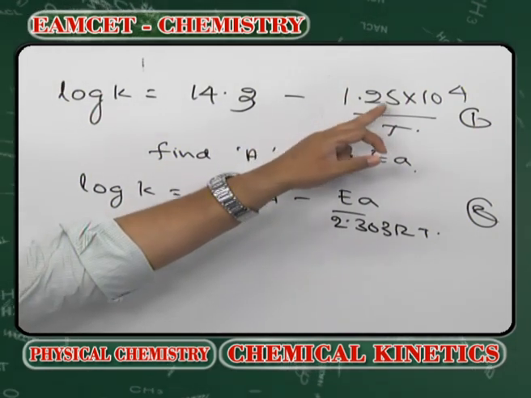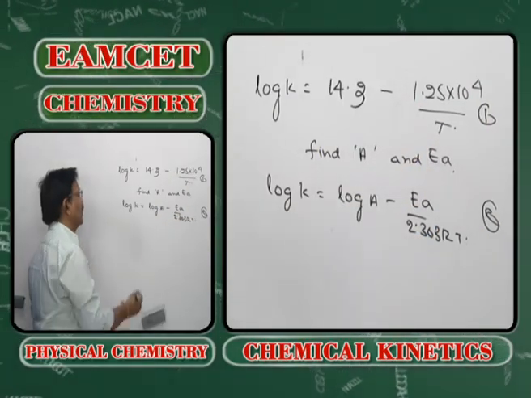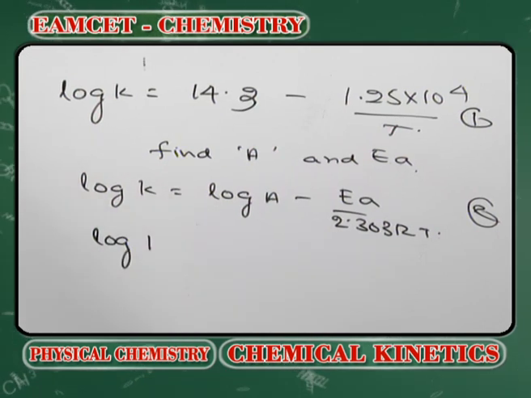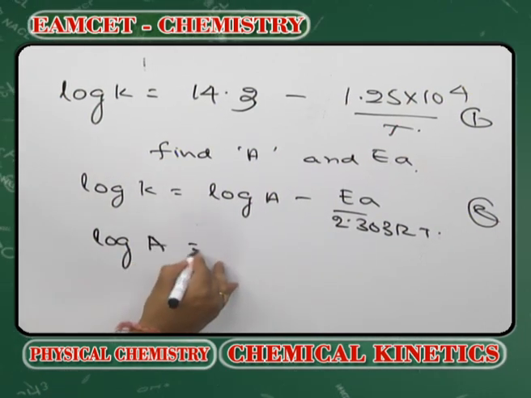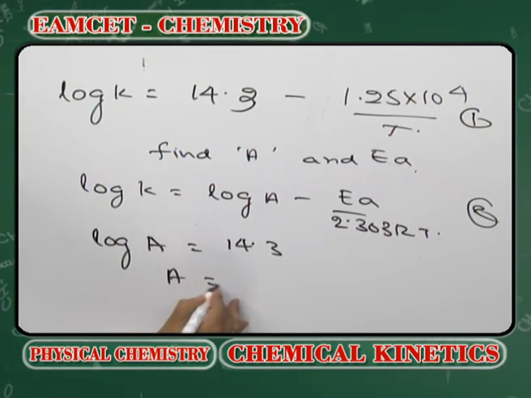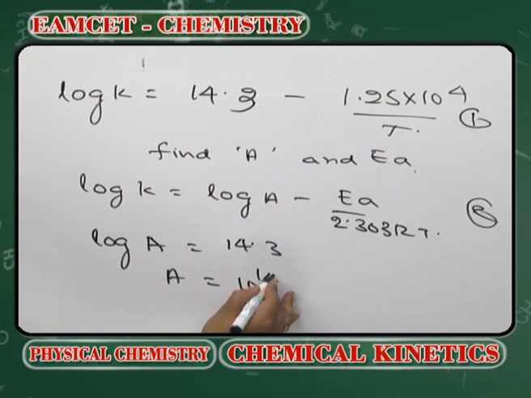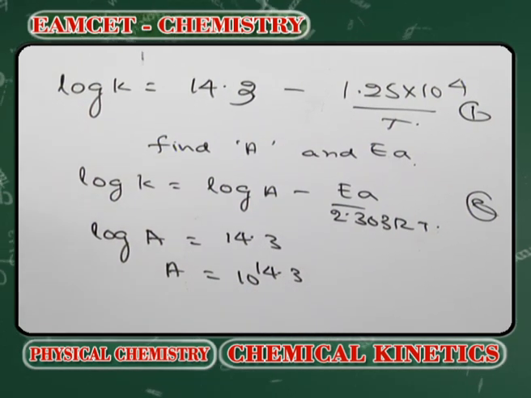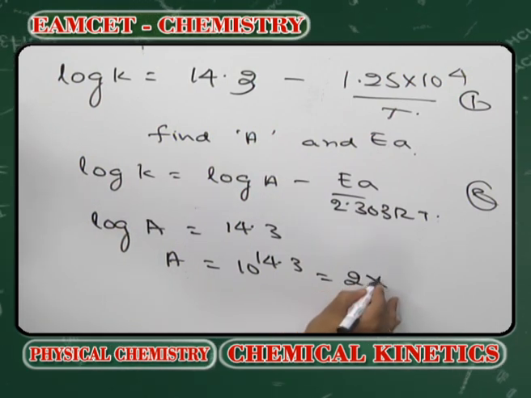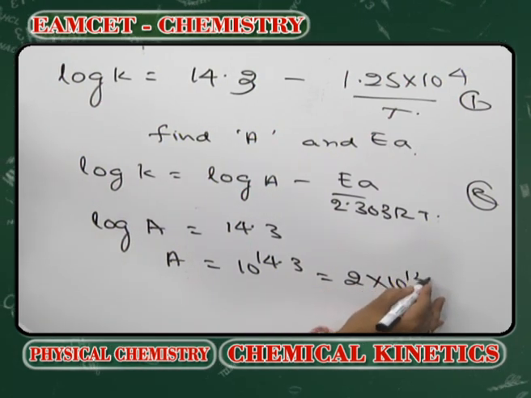When we compare 1 and 2, log A is equal to 14.3. Therefore, what will be the A value? 10 to the power of 14.3, which is equal to 2 into 10 to the power of 14.